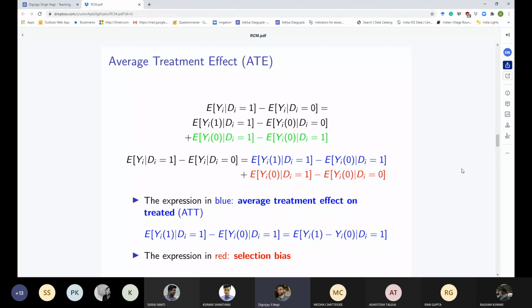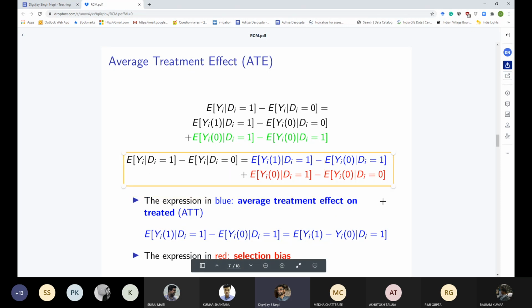This framework, Rubin's causal model, does that, and it makes it easier for you to think about it whenever you are trying to identify a causal effect of anything. It helps you in thinking about what issues can arise, or what kind of selection bias you can face in your exercise.